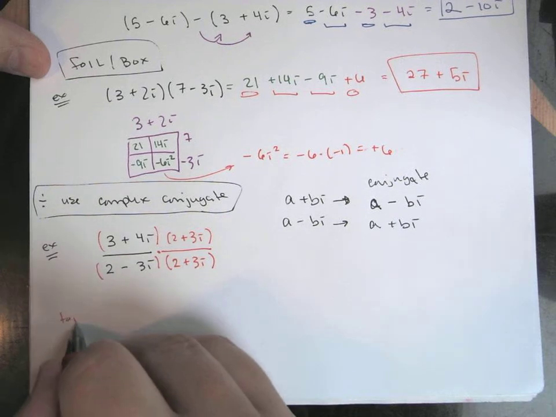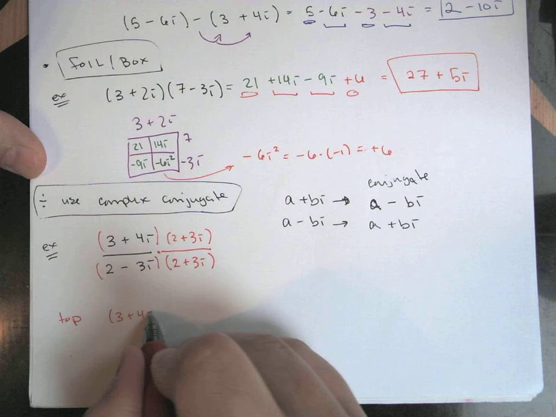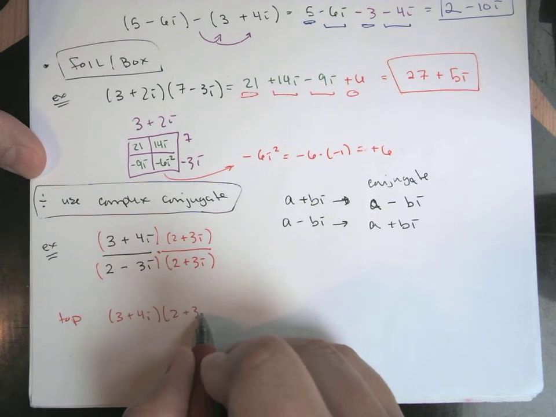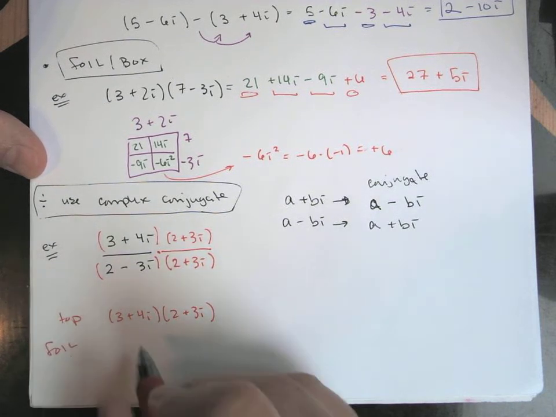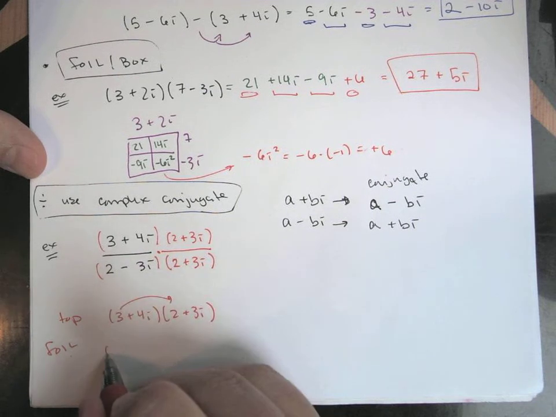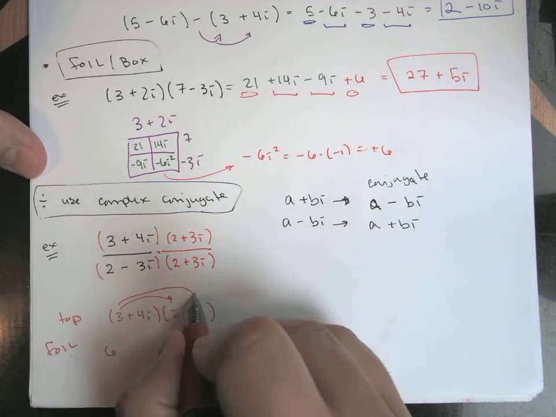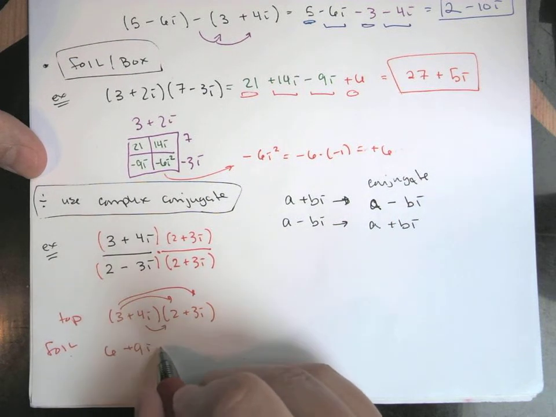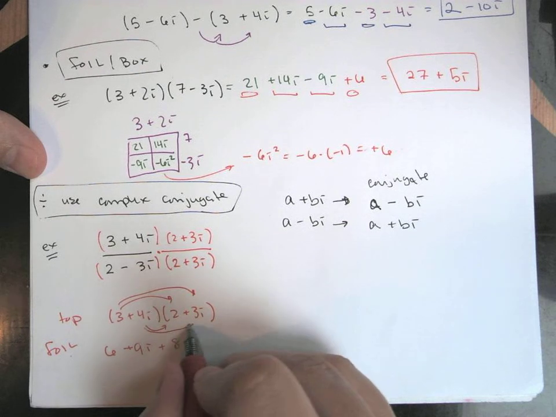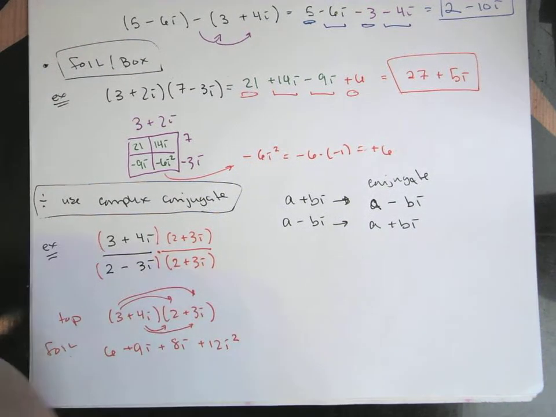That's going to give me, on the top, 3 plus 4i times 2 plus 3i. If I do a quick FOIL, 3 and 2 is 6. 3 and 3i would be 9i. 4i and 2 would be 8i. And then 4i and 3i, so it's going to be plus 12i squared.